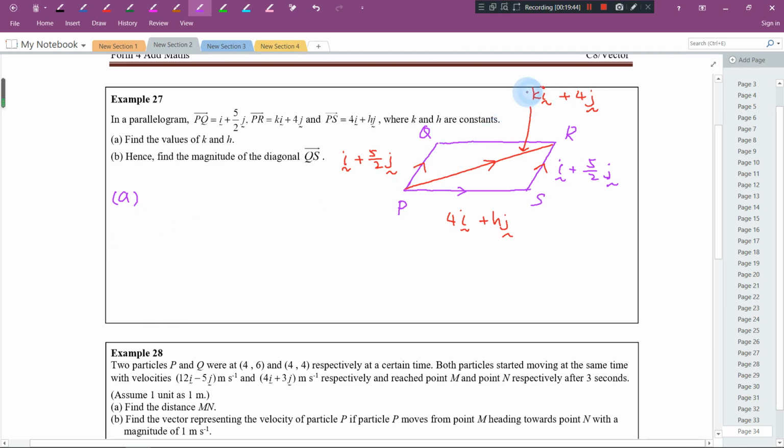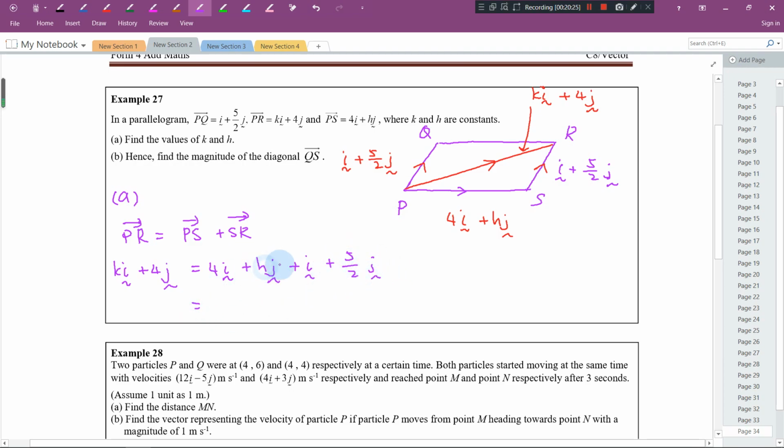Let me write over here: PR is equal to PS plus SR. The question tells me PR is equal to ki plus 4j. PS is equal to 4i plus hj. SR is equal to i plus 5 over 2 j.